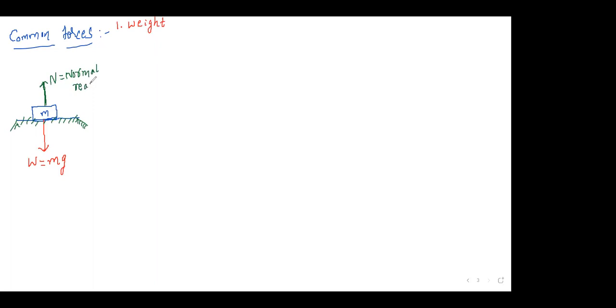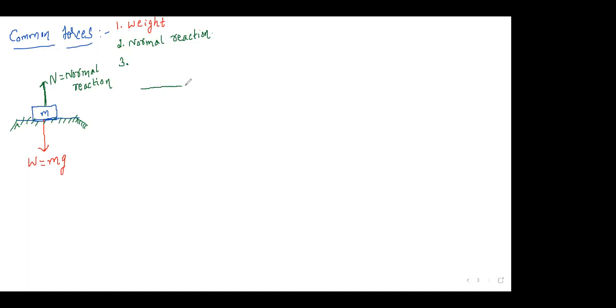So what is the second common force we are talking about? That is the normal reaction. So the first one is weight. The second one is the normal reaction.